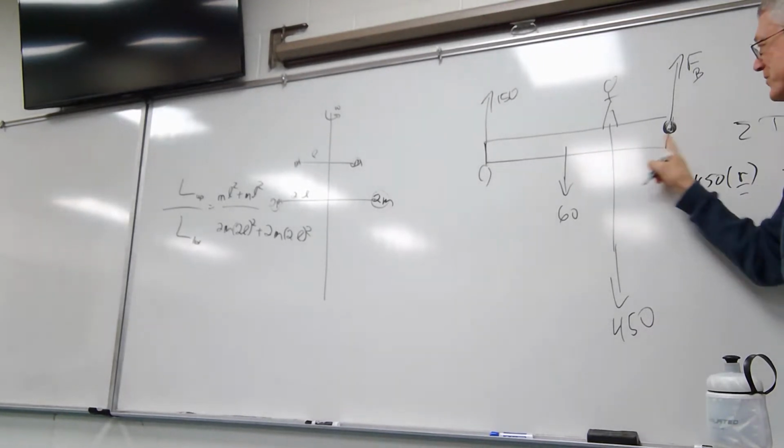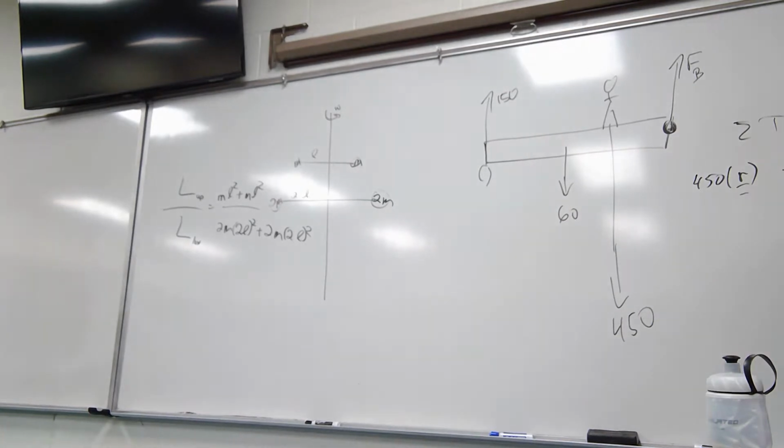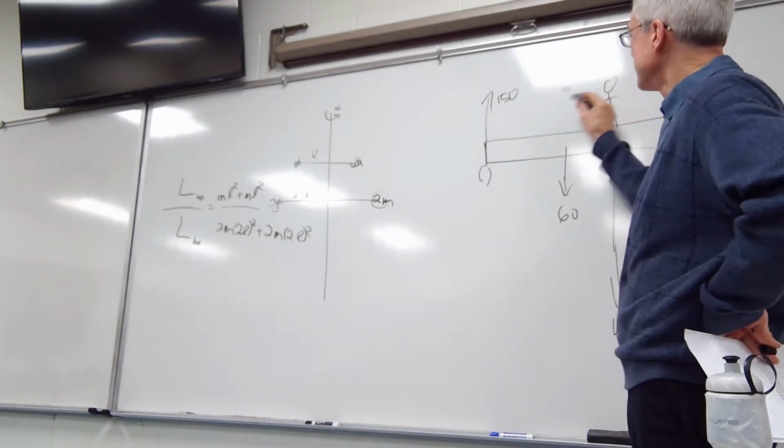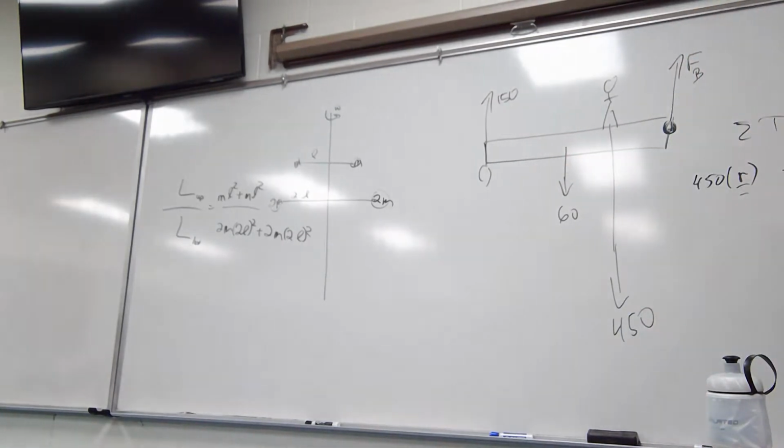And then negative would be this one, clockwise. Its force is 150, and its distance is 8 meters from that end to the other end. And that all has to add up to 0, so that's what you do.